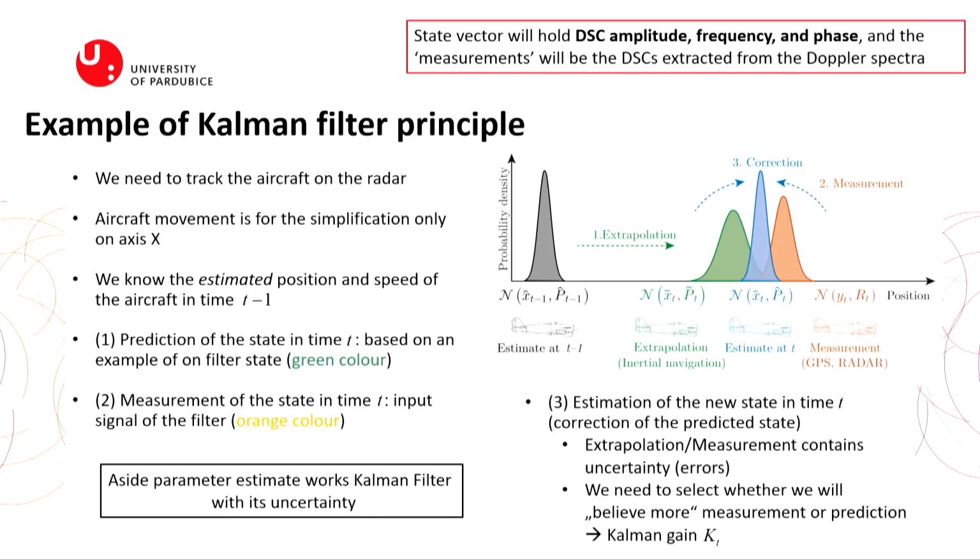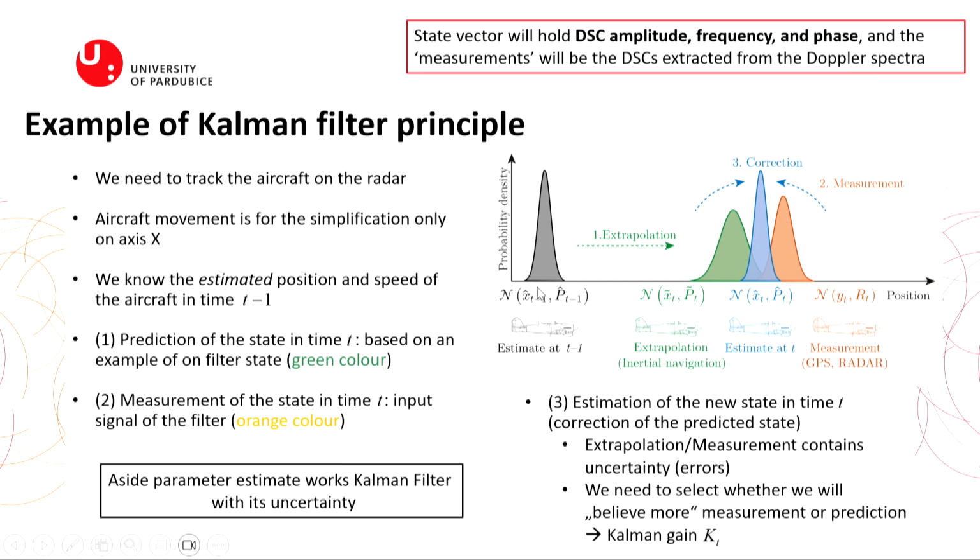There is another example from the point of view of probability density. We have an estimation of the target. Okay, it is a 1D example, so our target is just moving along the X axis for simplification.